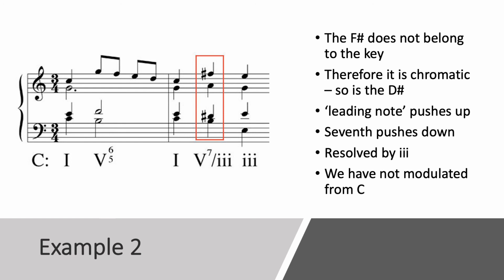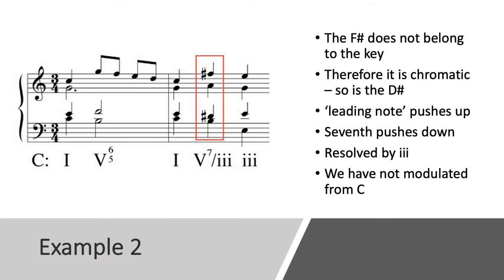Here we're using chord 5-7 of 3, which has got 2 chromatic notes. The F sharp doesn't belong to the key, and neither does the D sharp. So the D sharp is what's behaving like a leading note at this point. This whole thing is behaving like a cadence in E minor. So D sharp is behaving like a leading note.